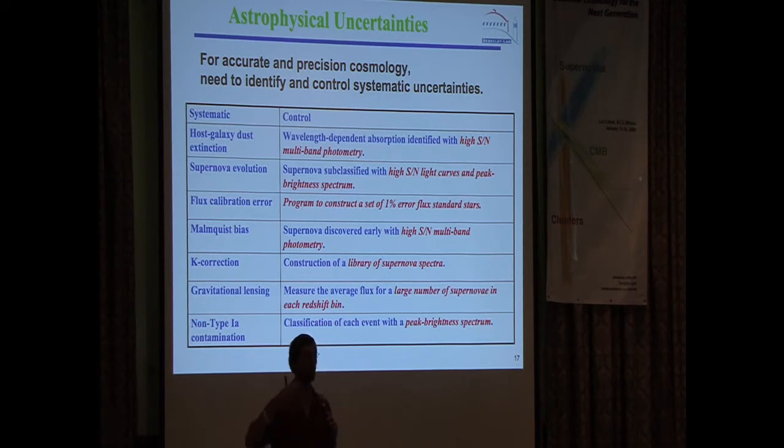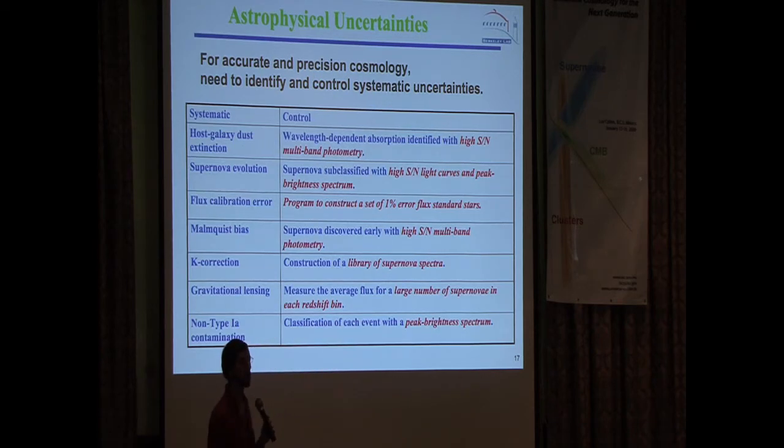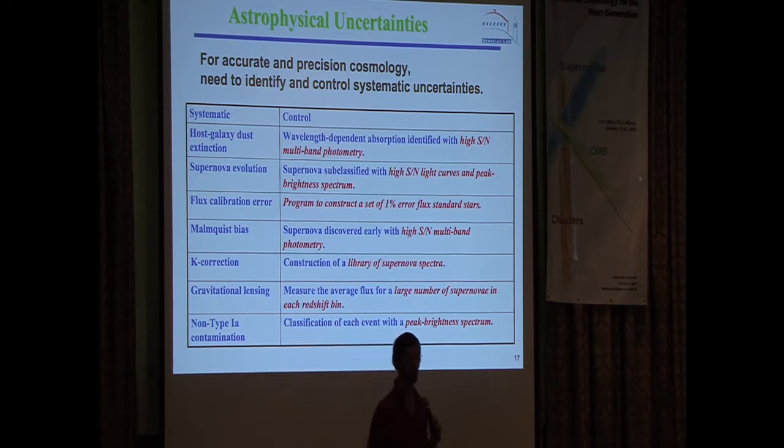Supernovae have been used for 15 years or so that we have a detailed list of what things can go wrong, what the systematics can be, and ways to address them through doing observations over multiple wavelengths, through getting spectra to cross-check, and so on and so forth. And so each method should have a similar list of things that can go wrong and ways to deal with that.